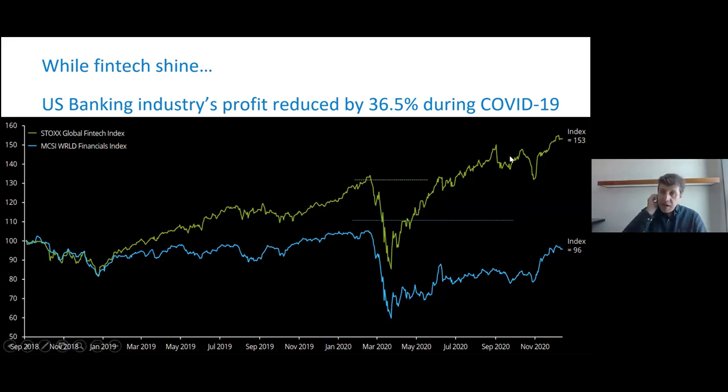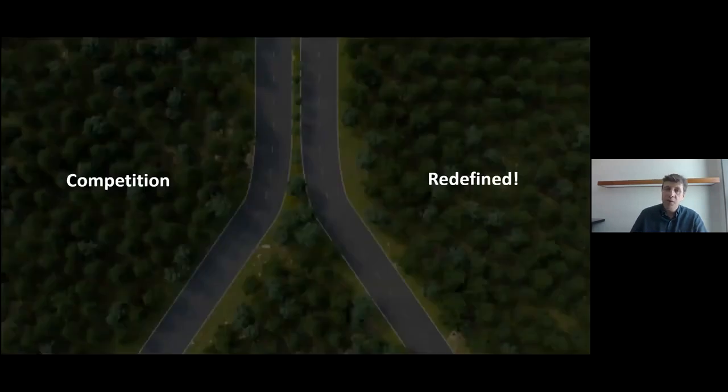But the banks are not even at pre-crisis levels right now. Banks are structurally suffering. Banks are structurally concerned about their futures. Instead, they are trying to acquire fintech companies. They are trying to collaborate with fintech companies, because this is where the future is.